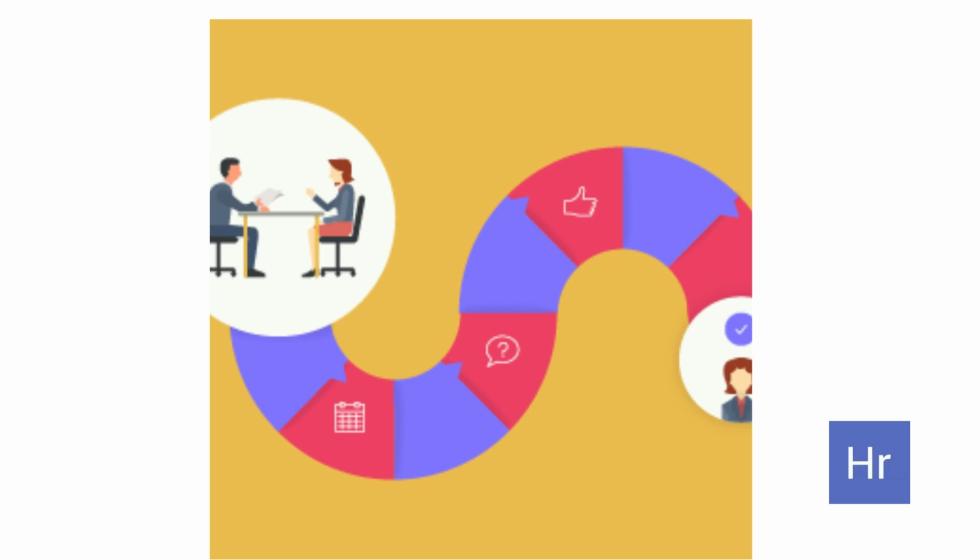So once the initial discussion is done, they will share the feedback with the HR team or the recruiter. On the basis of that feedback, they will conduct the final interview. In this step, there are two different directions the recruitment process can take.